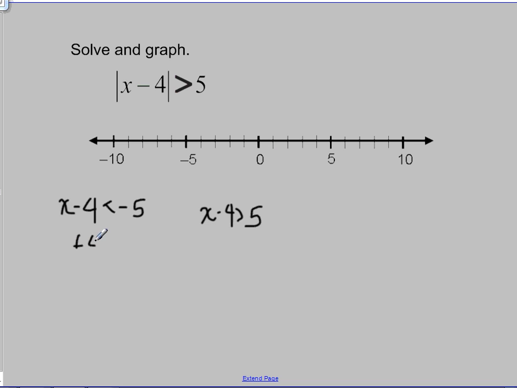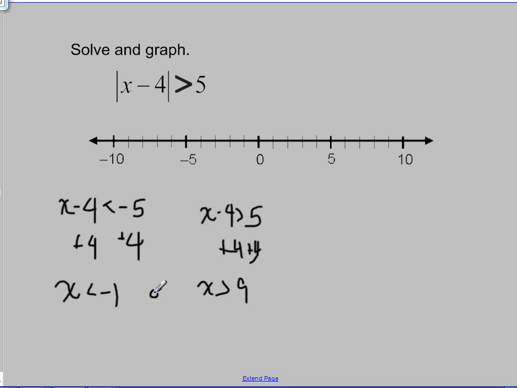Add 4. Add 4. I have x is less than negative 5 plus 4, which is negative 1. Add 4 to both sides on this side, and I have x is greater than 9.